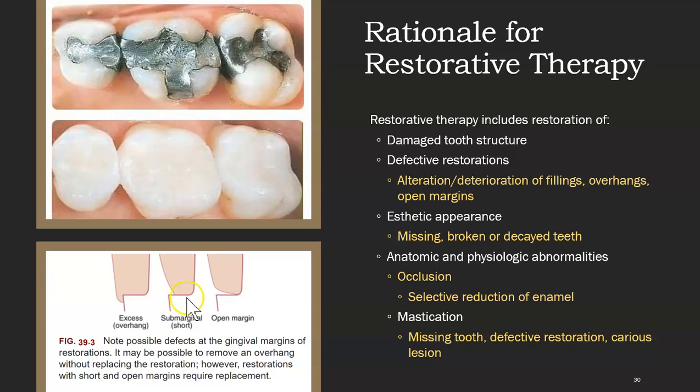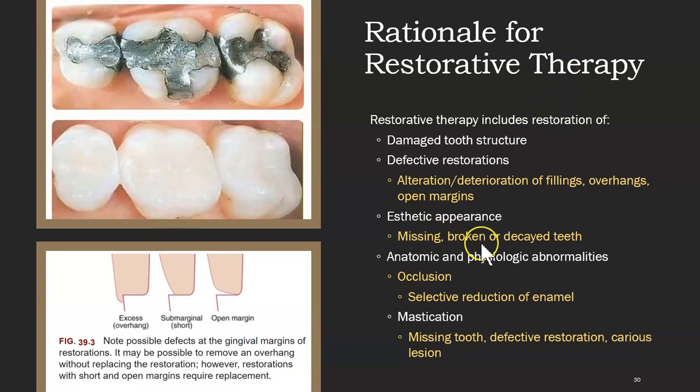Or they're too short, they don't fill up the entire area, that is considered submarginal. Or there's a gap, an open margin gap. It needs to be fixed because otherwise bacteria and plaque will get in there and it will start to rot or create a cavity, right, which we don't want. So if you have a defective restoration, such as these examples here, you'll need restorative therapy. You'll need to get it fixed.